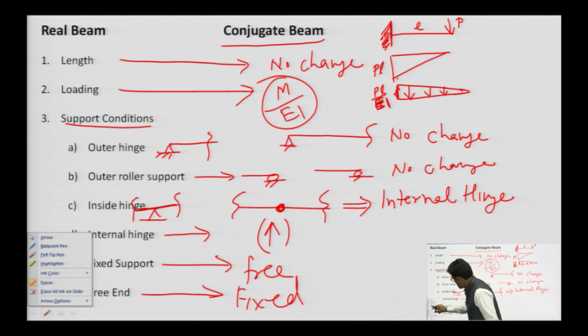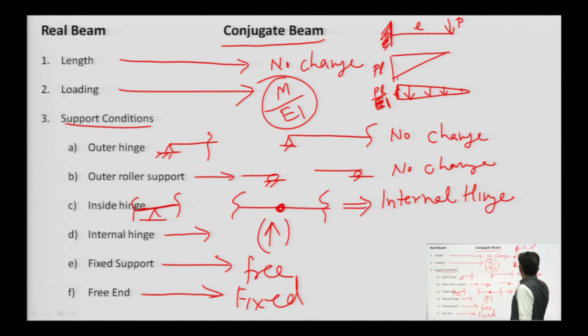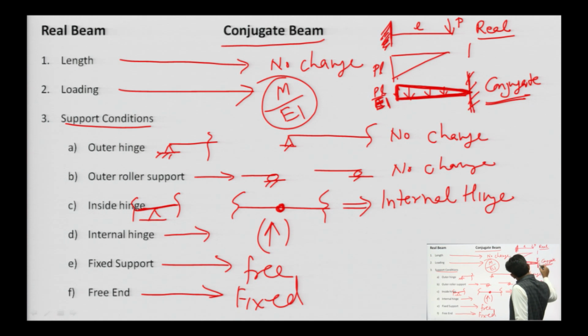So, this will be the loading, and the free end will be changed to fixed, and the fixed end will be replaced by a free end. This is the real beam, and this is the conjugate beam. Why the supports are changed, we will talk in the next class.